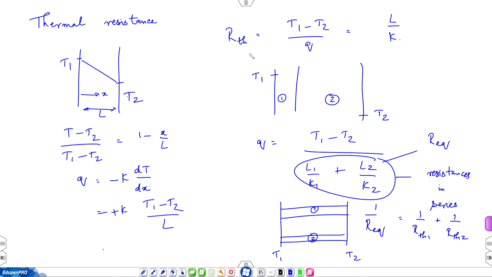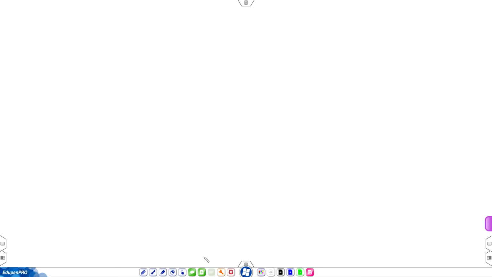So, these elementary ideas carry over for a slab geometry, but if you have an annular geometry, this is 1, this is 2. For the annular geometry there is a slight point of difference that arises from, of course, the shape of the object.